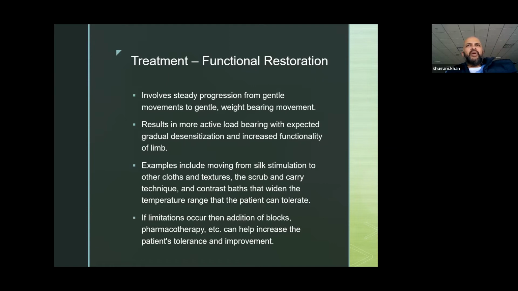And this therapy is actually to counteract that voluntary or involuntary fear of movement and dystonia in the involved limb. So that actually leads to improvement.